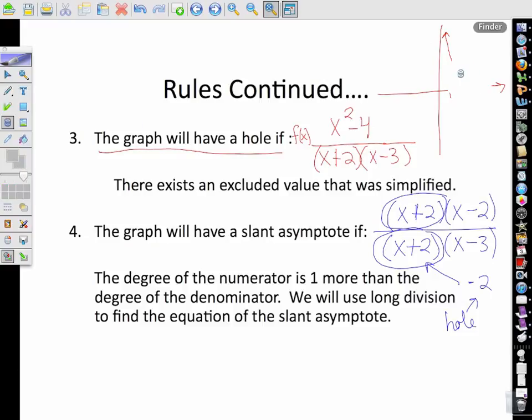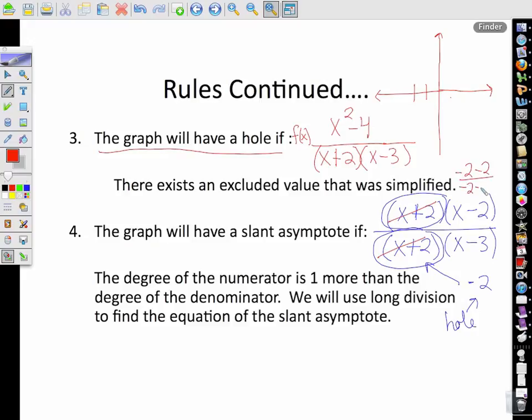So in this case right here, my hole would be at negative 2, and then to find the y value, see, these would cross out. You would put negative 2 in.